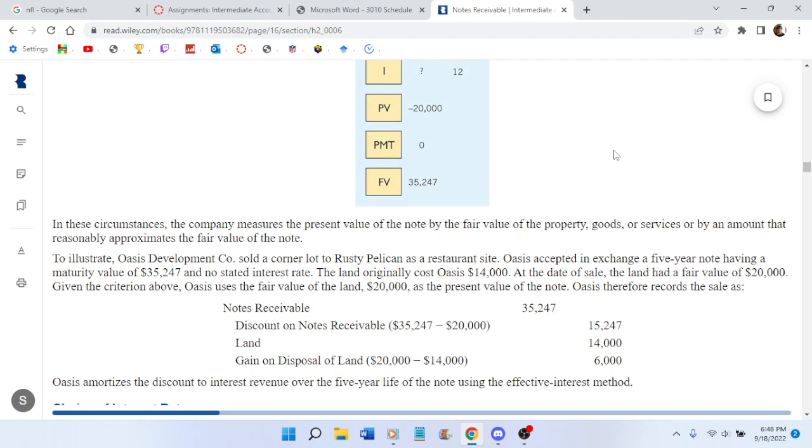Present value of the note is $20,000. The future value is $35,247. Okay. Notes receivable: they're going to eventually receive $35,247. Discount on notes receivable is that amount minus $20,000?